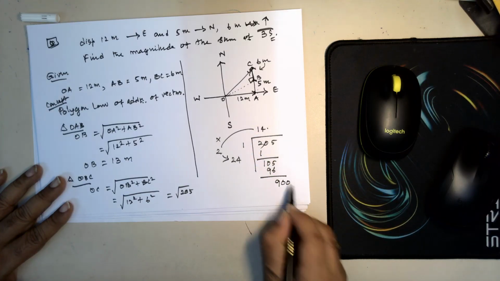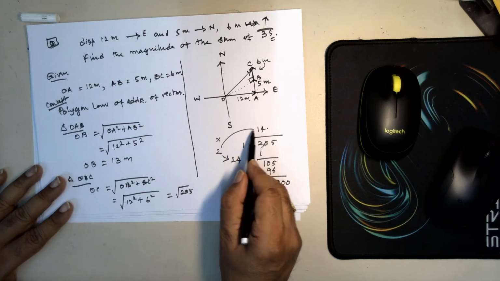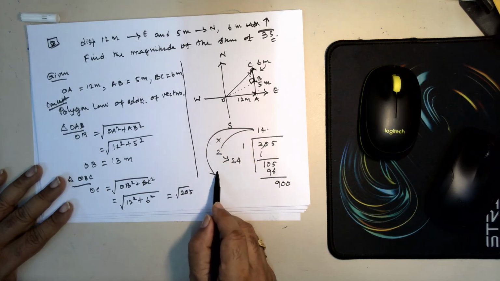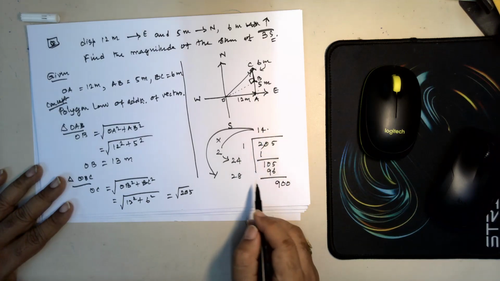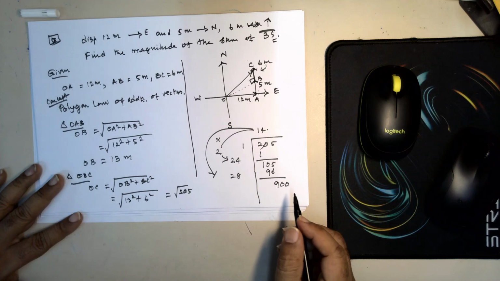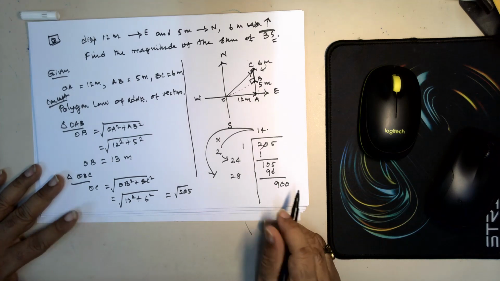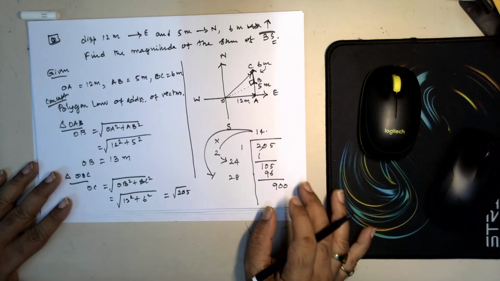Now you can proceed once again. What am I supposed to do? Again multiply by 2. 2 into 14, 28. Now try to find out the perfect square. I think I will give you a worksheet based on this. You have to work it out.